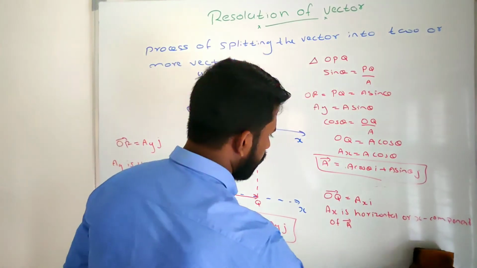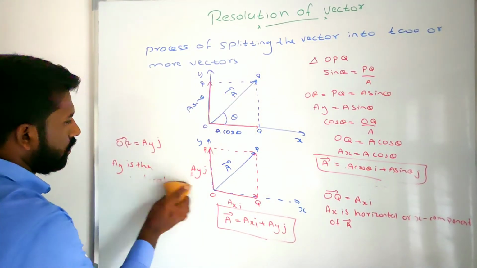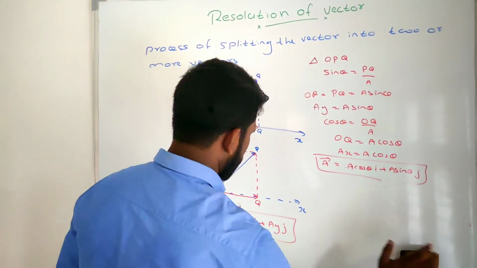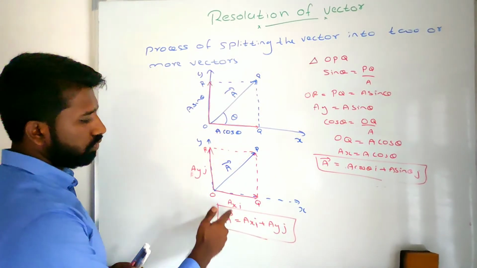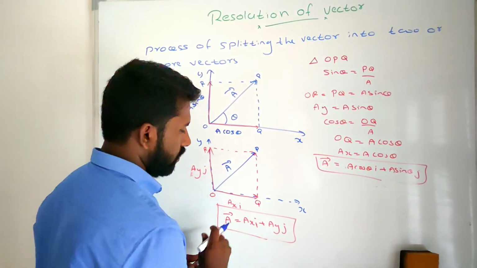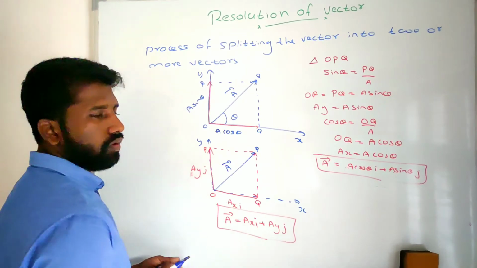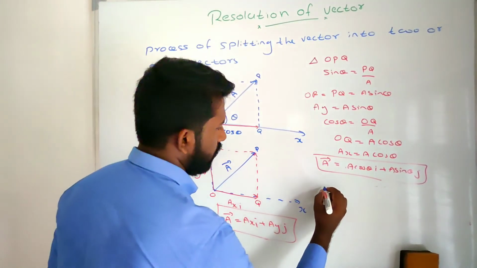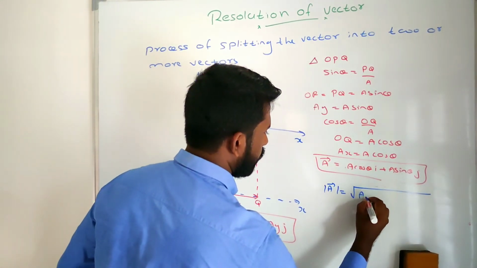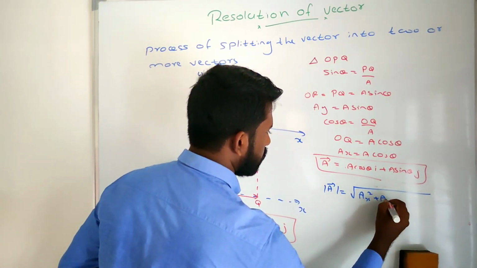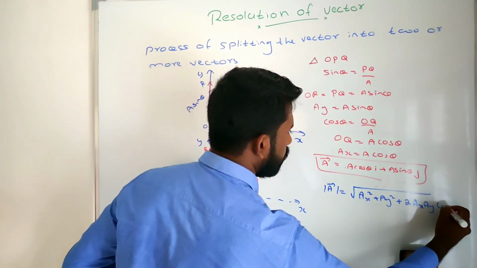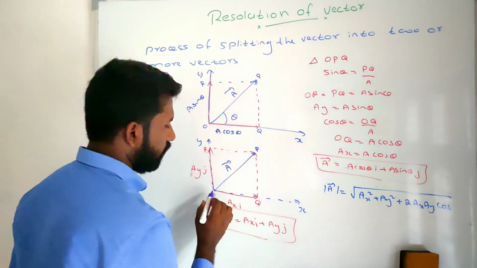Okay, then what about the magnitude of the vector? Now we will see the magnitude of the vector. So what is the A vector? The A vector is equal to AX i plus AY j. From the parallelogram law of vector addition, the magnitude of the A vector is equal to the square root of AX square plus AY square plus 2 AX AY cos of the angle between AX and AY.